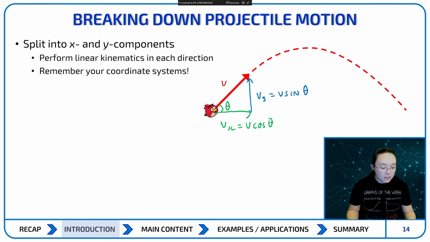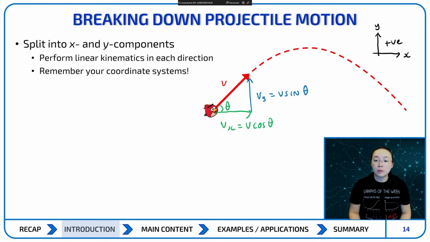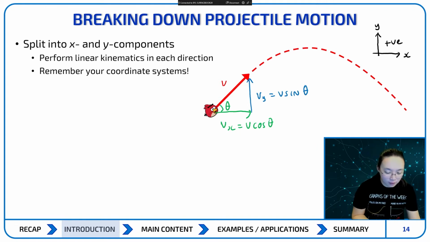When I want to solve for certain quantities, maybe I'm being asked to solve for V, maybe for acceleration, the first thing you should do is draw a coordinate system. The easiest one to choose would be to make the x direction the horizontal direction, and the y direction positive. So I'm going to consider up as positive and right as positive as well.